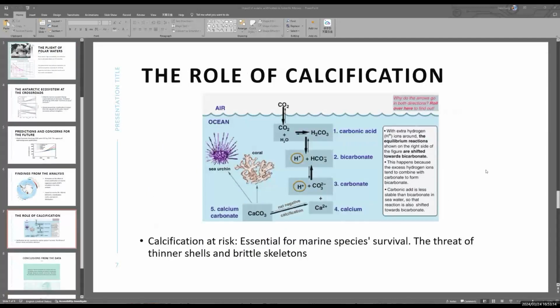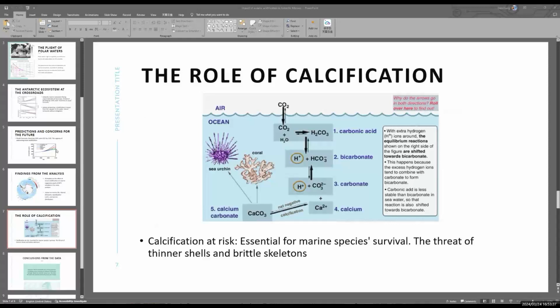After talking about the research, we'll briefly discuss the role of calcification and how ocean acidification actually impacts calcifying organisms through this reaction. Calcification is the process central to the survival of many marine species and is faltering under the weight of increased acidity.